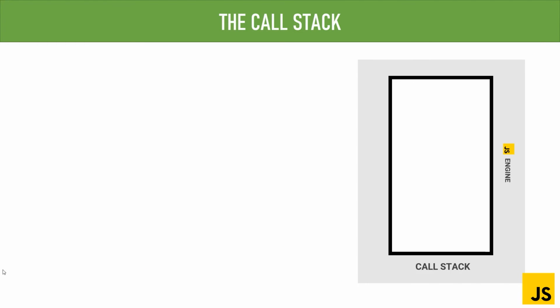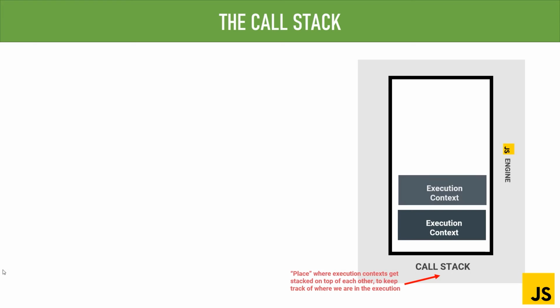And remember that the call stack together with the memory heap make up the JavaScript engine itself. But what actually is the call stack? Well, it is basically a place where execution contexts get stacked on top of each other in order to keep track of where we are in the program execution.